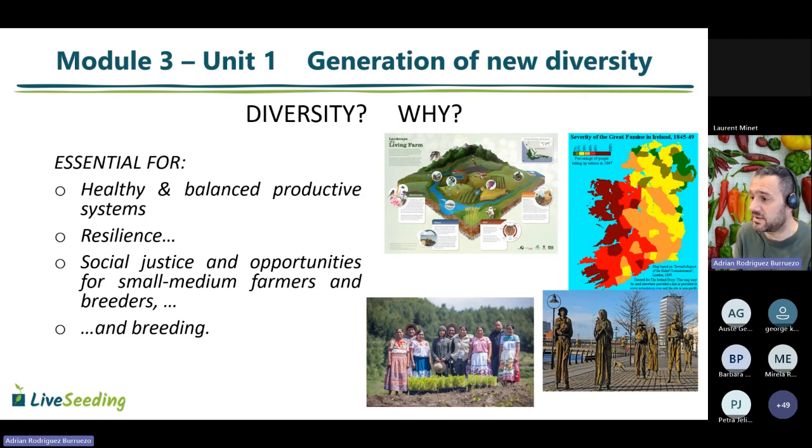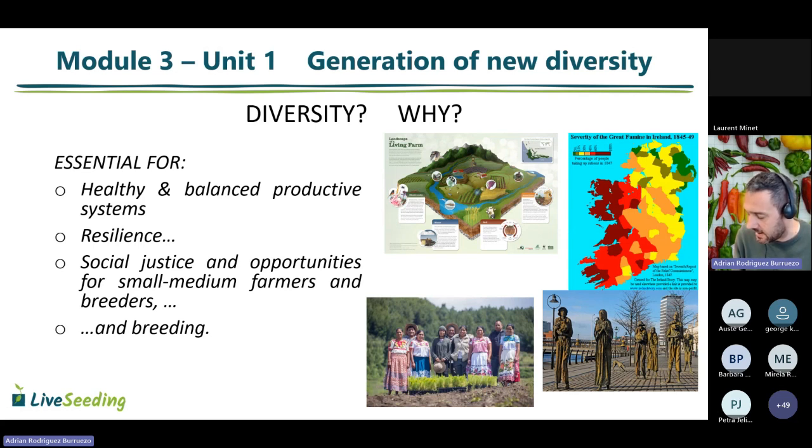Diversity is also important in terms of social justice and opportunities for small and medium farmers and breeders. I mean, if we contribute to have a diversified system, not only aimed at modern F1 hybrids, which clearly are good and productive for sure.